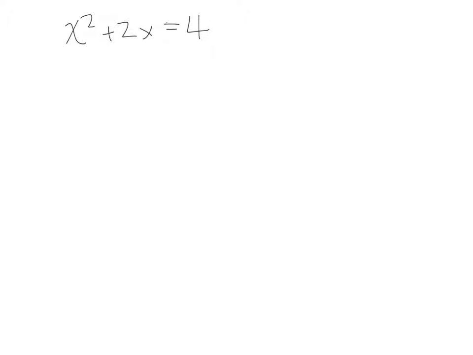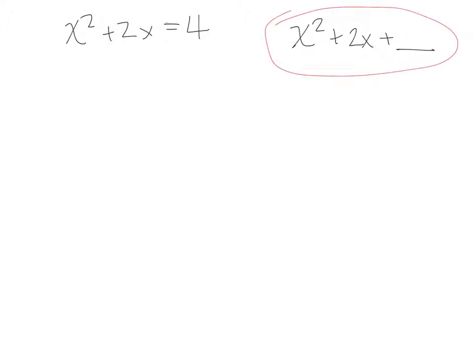So what we're looking for is a way to complete the square, and the goal for that is to set the left side of the equation up as a perfect square. There is some value that we can figure out that will make this equation factor as a perfect square.